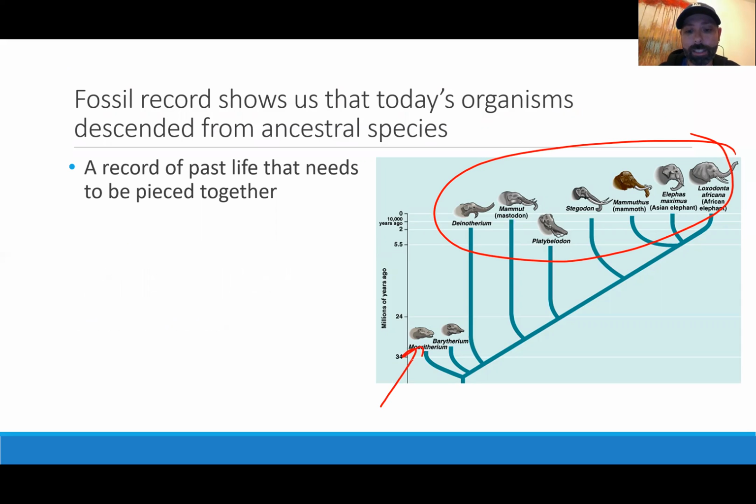Not so many down here, but the fossil record is not complete. We're limited to the things that we randomly find. And even though we go out looking specifically in places where we think we'll find them, we never know what we're going to find. And so sometimes there are gaps in what we know, but hopefully we'll eventually find fossils.